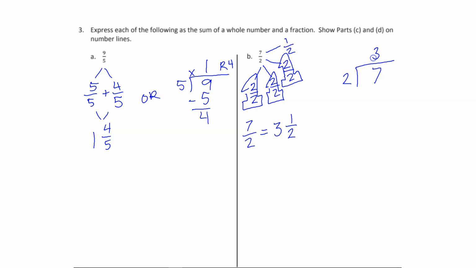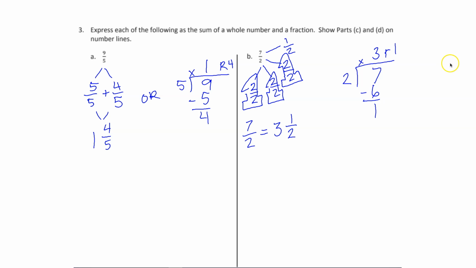So it's going to be 3 groups of 2. Give me my 6. How many do I have remaining? 1. And that's my answer. My quotient is my whole number, my remainder is my numerator, and my divisor is my denominator.